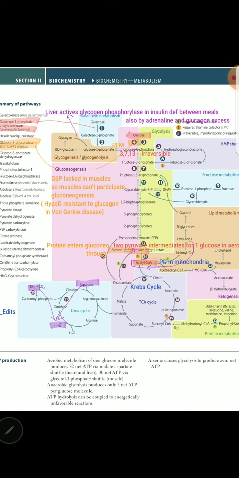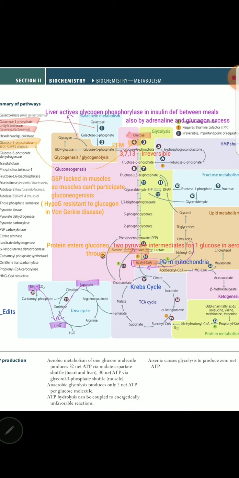So glucose 6 phosphatase, I have written it as G6P, is lacking in muscles. It is not present in muscles, so muscles cannot form new glucose. So gluconeogenesis is not taking place in muscles, but rather in the liver. This is another MCQ.